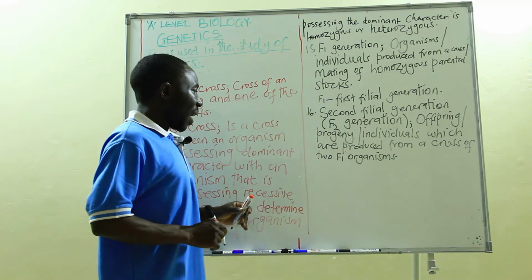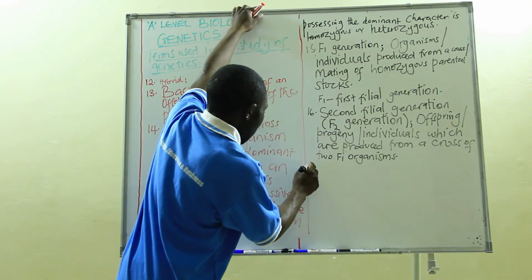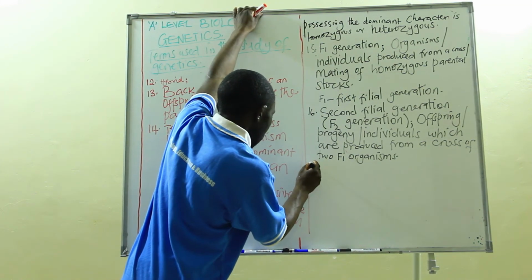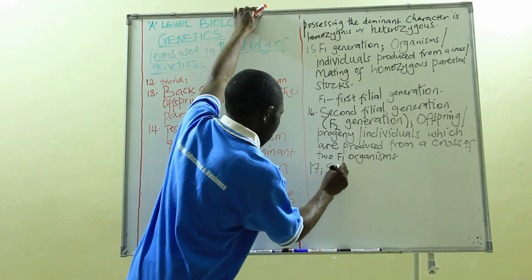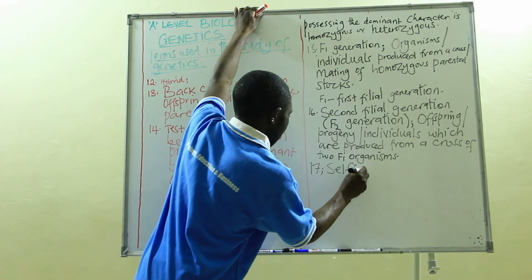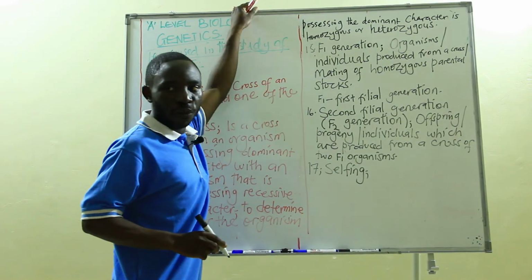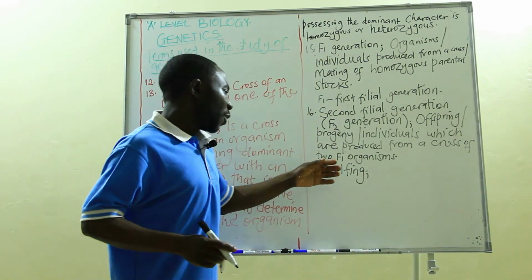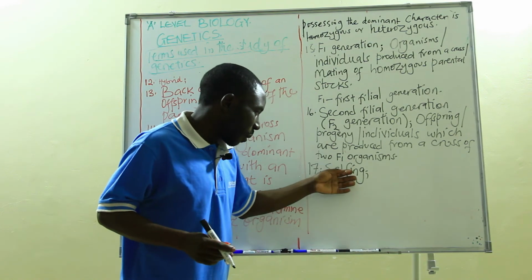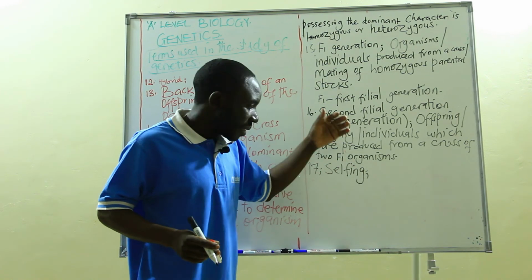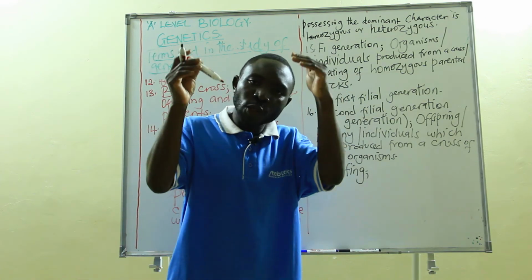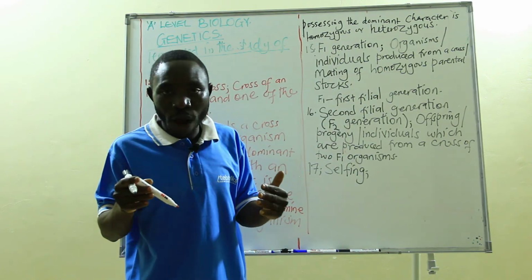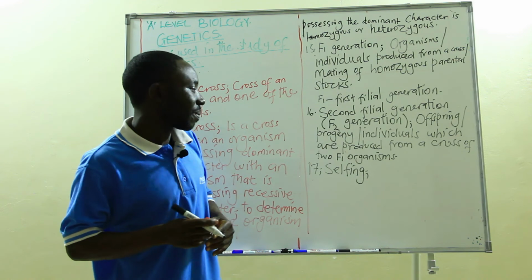Then the other one is, that is 17, we can talk about selfing. Selfing. So this term, selfing, in biology or in genetics, simply means crossing two individuals of the F1 generation.